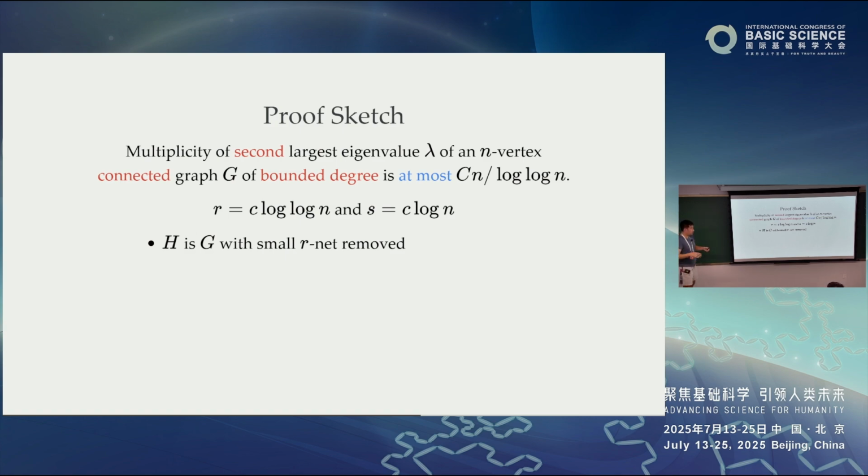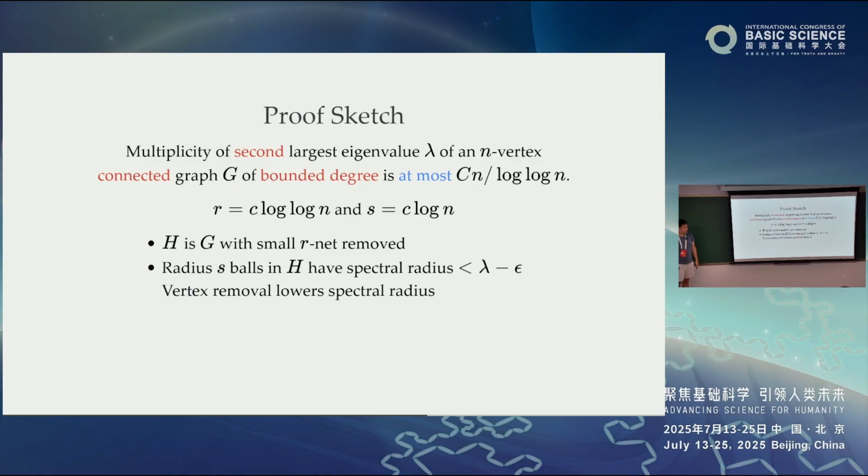Okay, so they are like the guards that you send out in the graph. And their role is to say, whenever you want to visit them, the guard says no, you cannot. So those vertices are now removed, and the rest of the graph is called H.